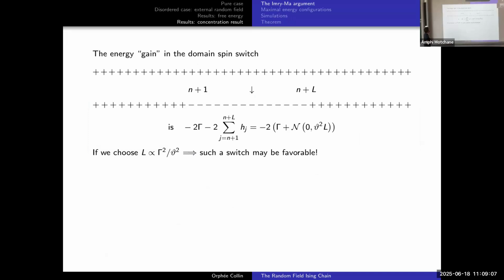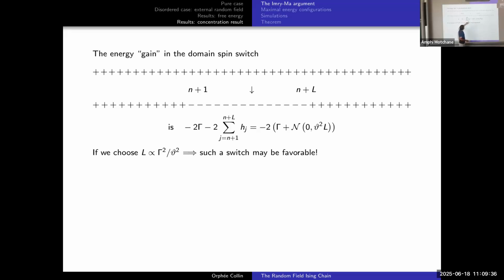So this is going to modify the energy by minus 2 gamma, because you have to pay for 2 additional walls, and also minus 2 times the sum of the h_j on this domain.